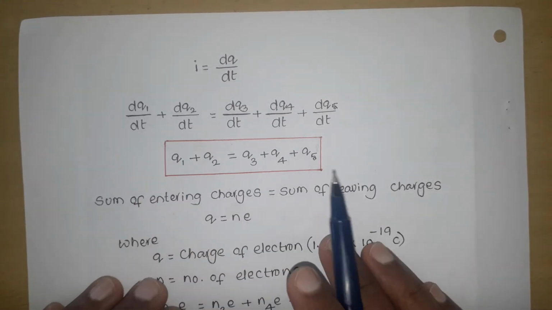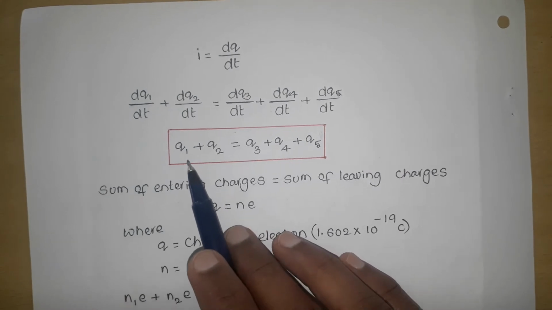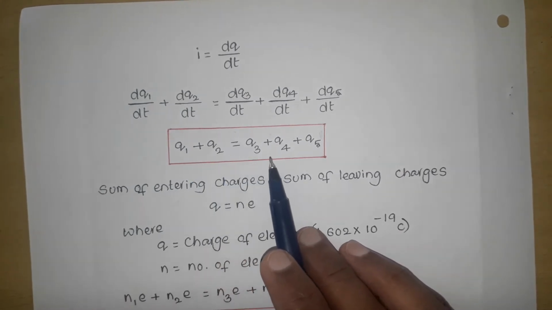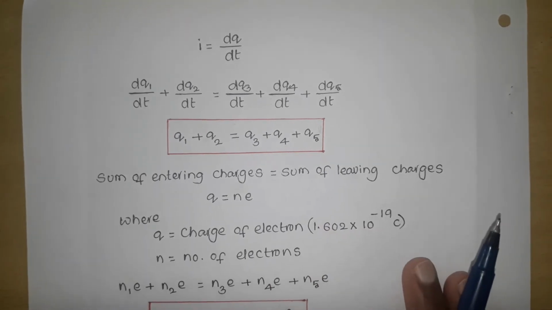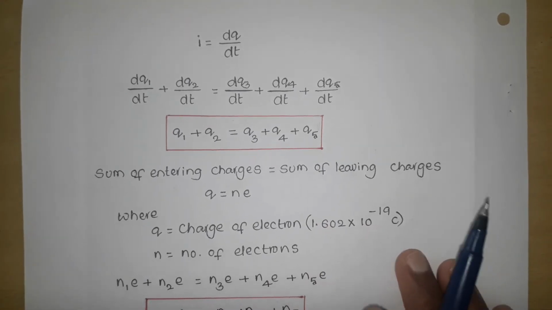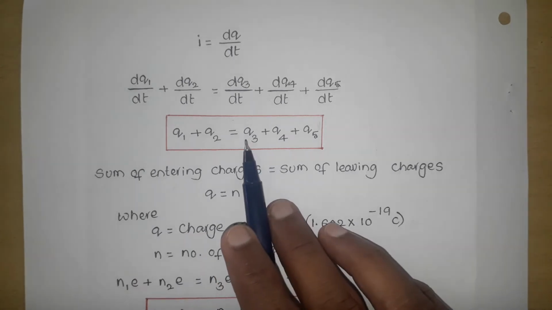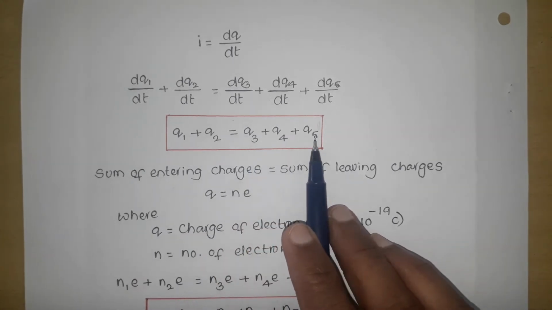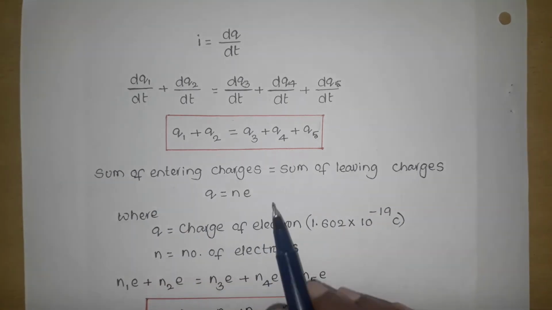Taking d by dt as common and cancelling on both sides, we get q1 plus q2 equals q3 plus q4 plus q5. This is also one form of KCL: the sum of entering charges equals the sum of leaving charges.